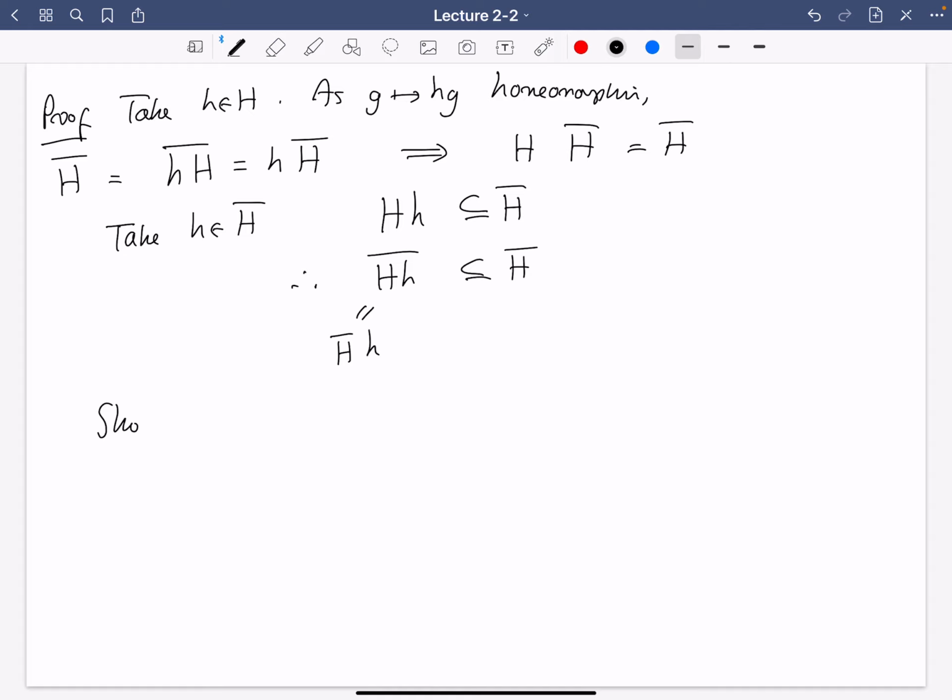So this shows that H bar is closed under multiplication.